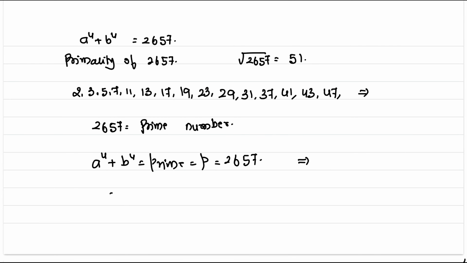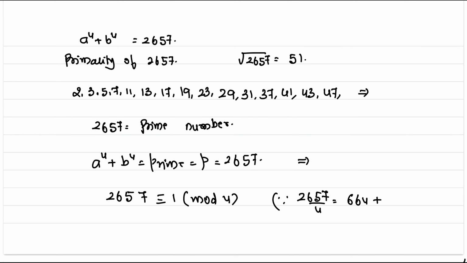another thing also you see, 2657, we are going very step by step, very carefully. 1 mod 4, just check up. Because 2657 divided by 4 is equal to 664 plus 1 remainder.